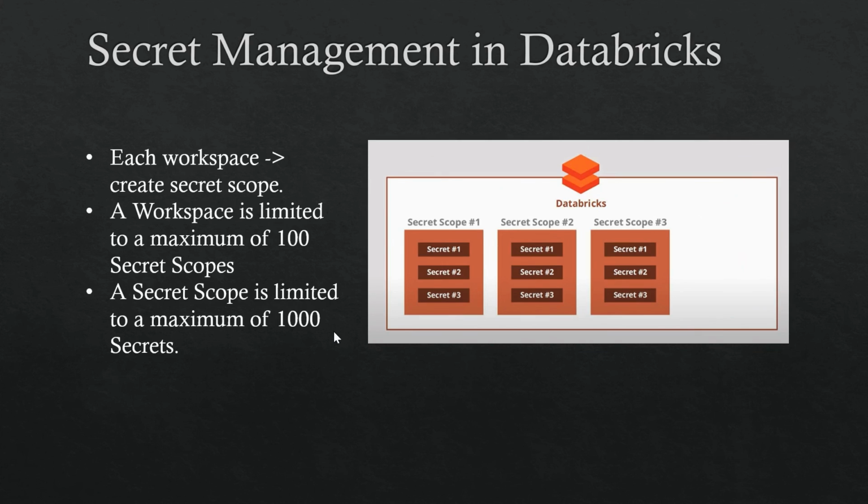Let's say one secret scope could be a connection to Teradata, the second could be a connection to your blob storage, and the third could be any third party that you want to connect to. If you are giving passwords, you can mention them inside the secret scope, and access the secrets with the help of that and access the data from those external sources. There is a limit of 100 secret scopes that you can create in Databricks, and inside each secret scope you can have a maximum of 1000 secrets.